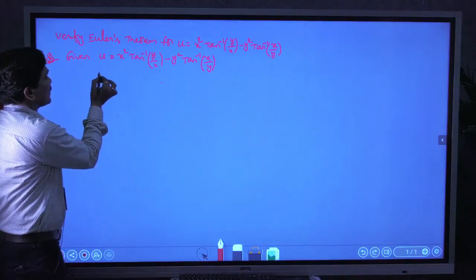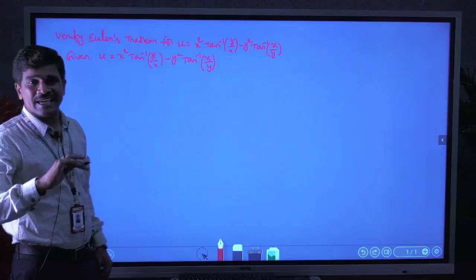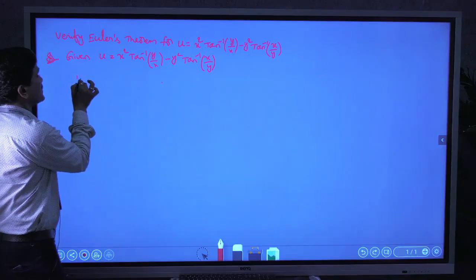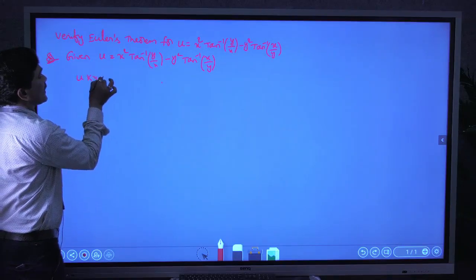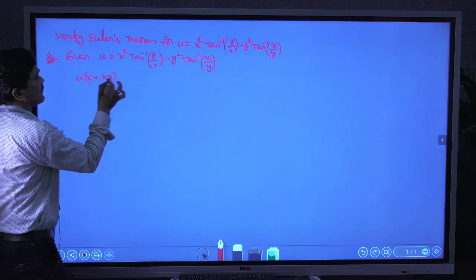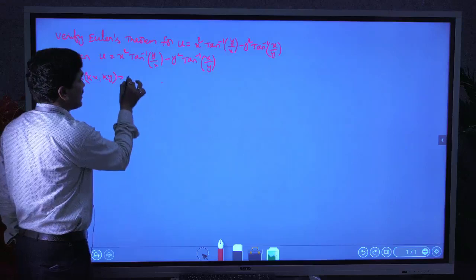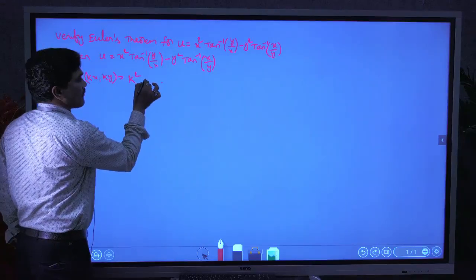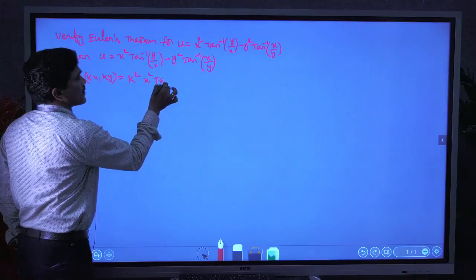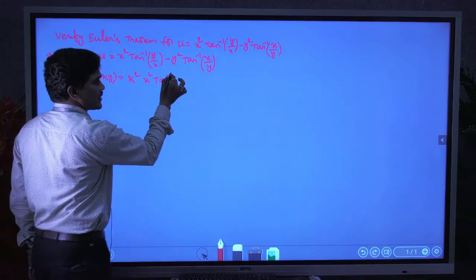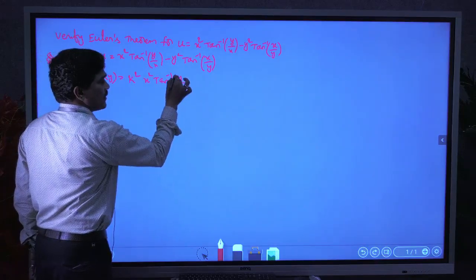Now here write kx, ky in place of x and y. So that means here u of kx, ky. So what do we get here? In place of x square, kx whole square, that means k square x square into tan inverse of ky by kx, then we get the same function here, right?